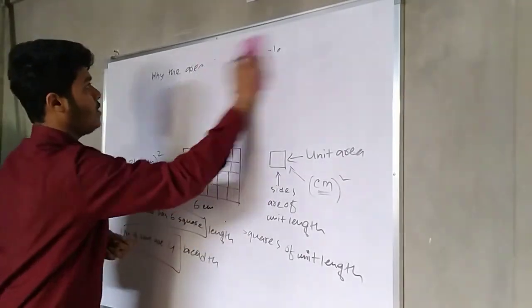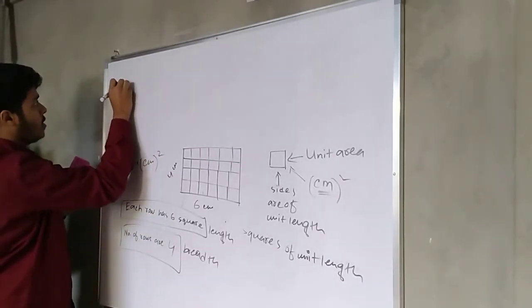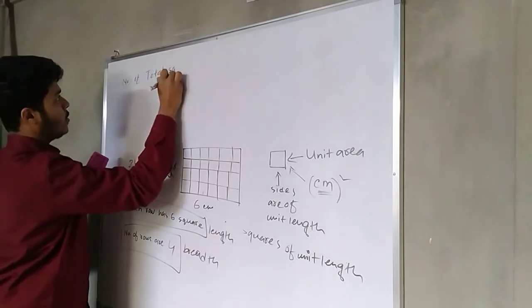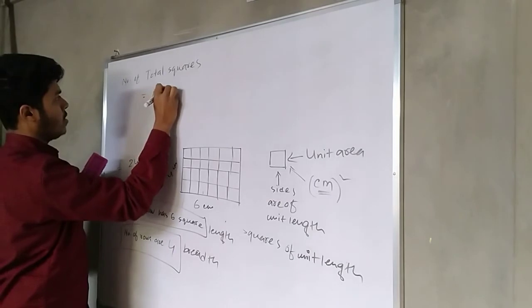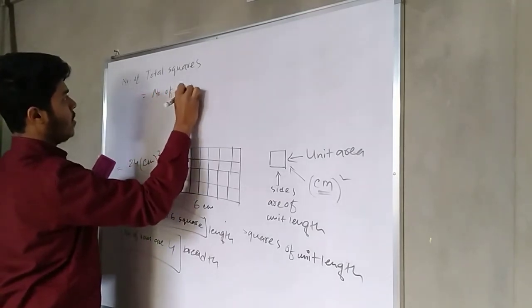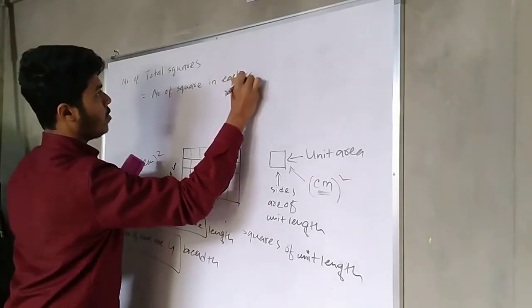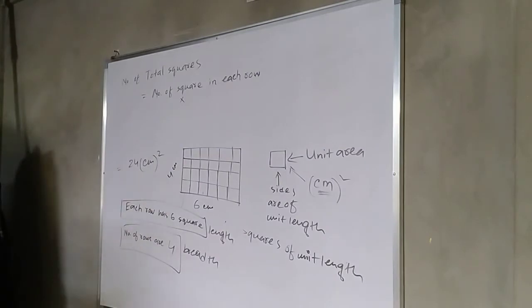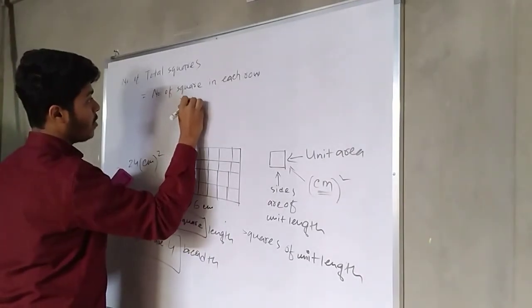So how do you count that? The number of total squares equals the number of squares in each row times the number of rows.